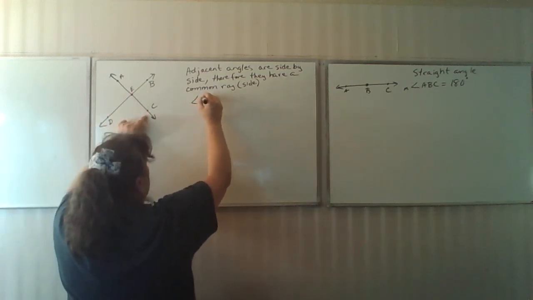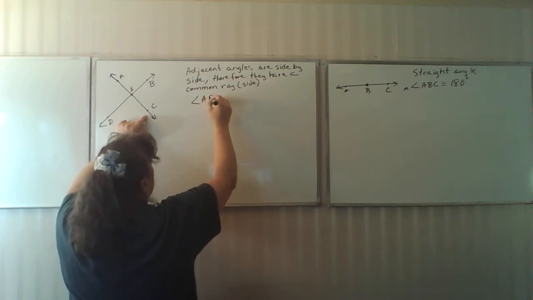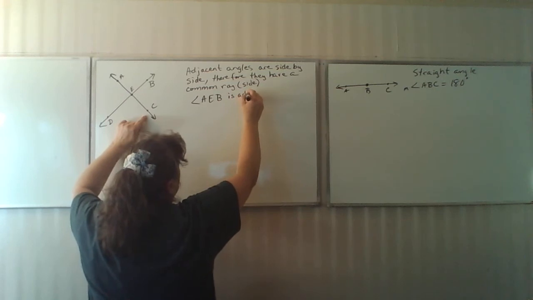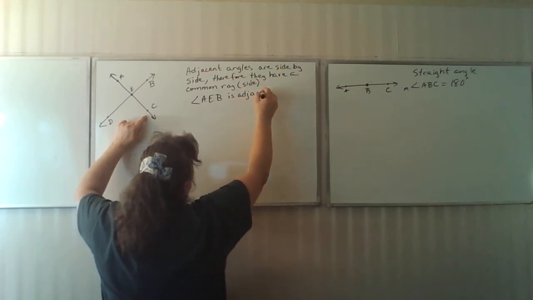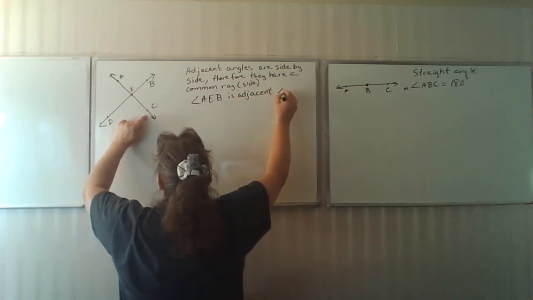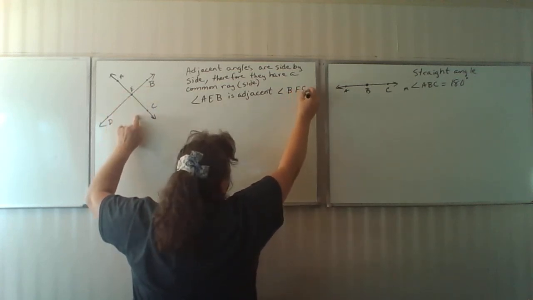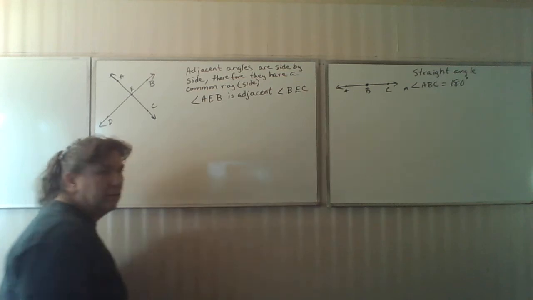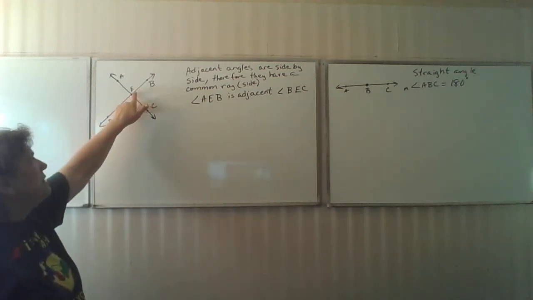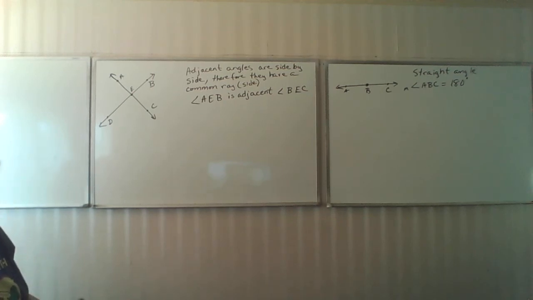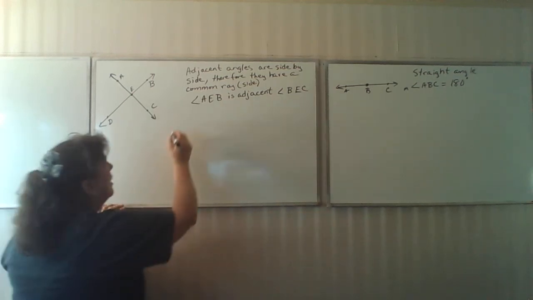So angle AEB is adjacent to angle BEC. Okay? They share the common side of EB, or the common ray of EB. So those are adjacent angles.